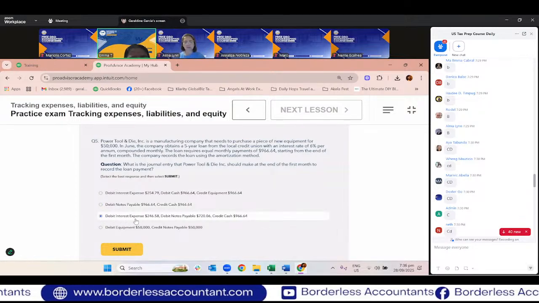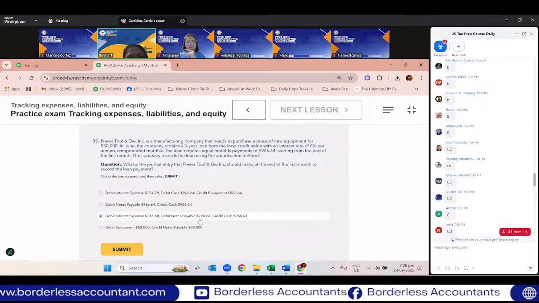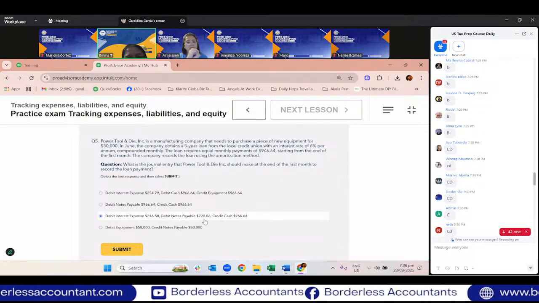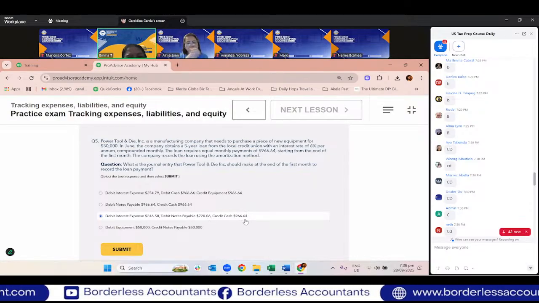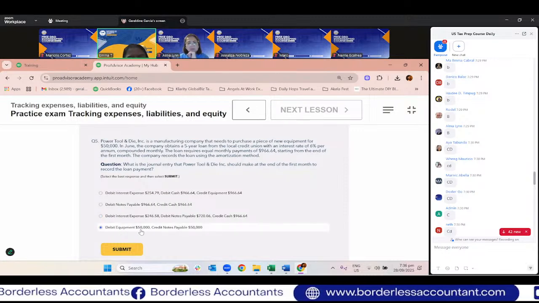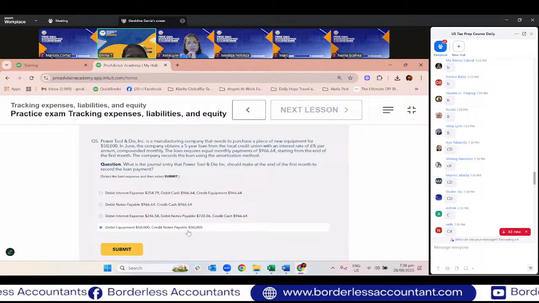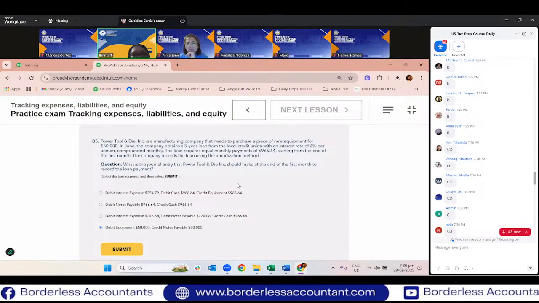C, debit interest expense 246.58, debit notes payable of 720.06, credit cash of 966.64, and the last is debit equipment 50,000, credit notes payable of 50,000. That's question number 5. So what's our answer?